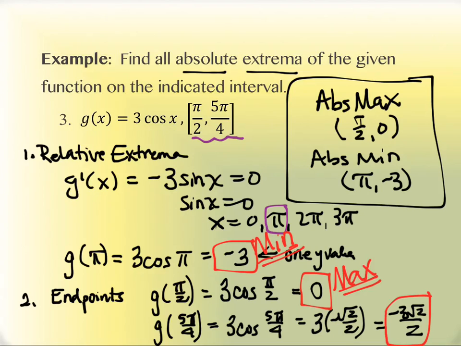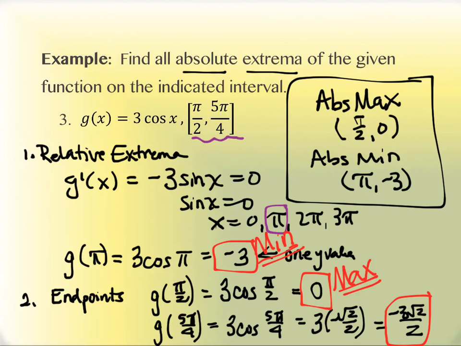So there's two ways of testing the points. You have to test the endpoints, and you have to test all of the relative extreme values. If you only test one or the other, you're likely going to lose part of the answer in the process.